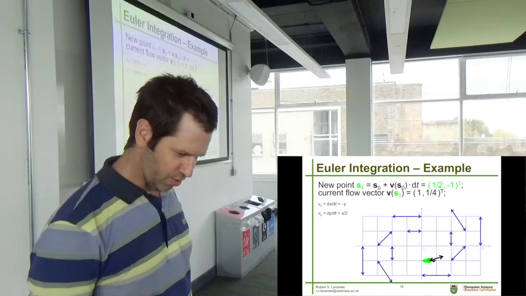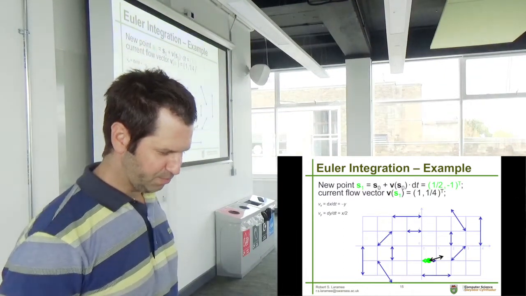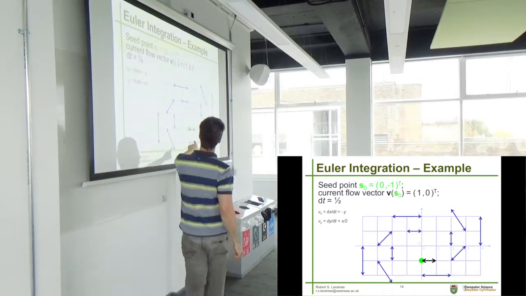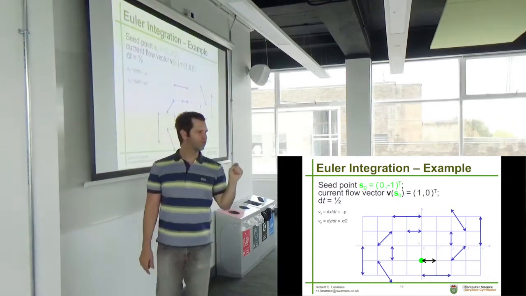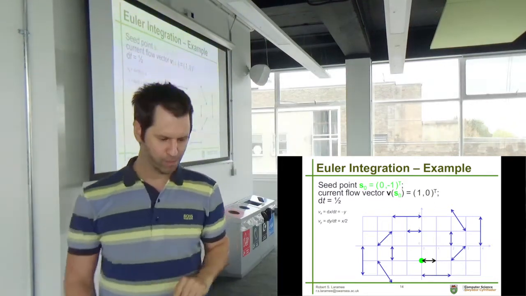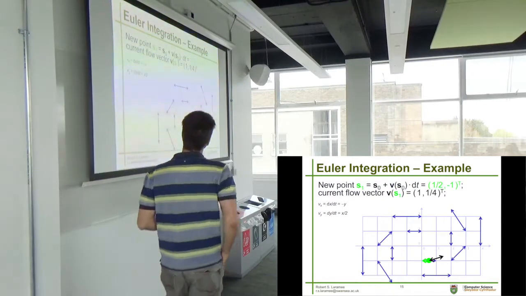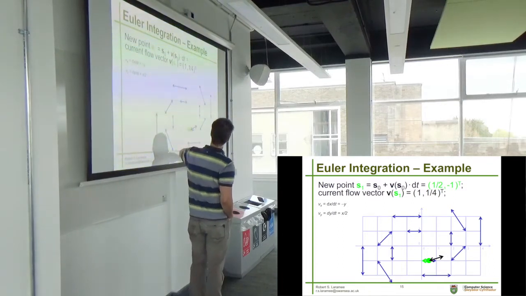Does the next slide show that? So that's the next position. The first position is here, and the next position is here, half unit total in the positive x direction. And that's what this slide is showing: the previous position and the next position.